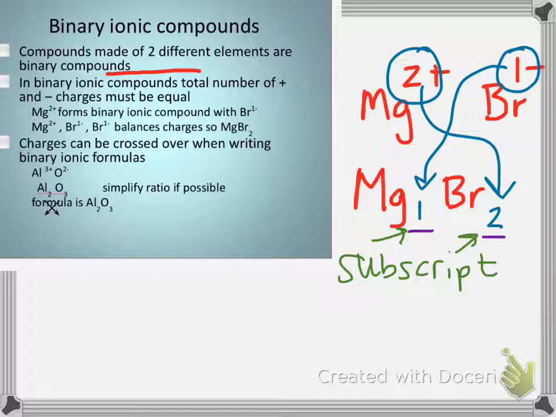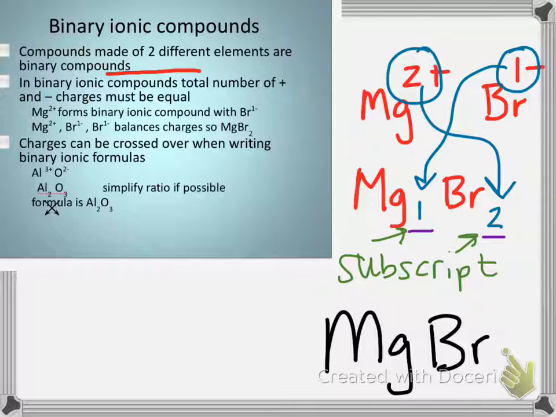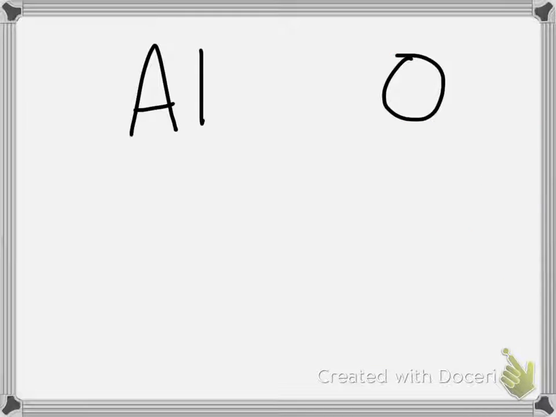They just tell you how many of those ions there are. Now, just like when we did the ABE codes for geometry, if there's only one, we don't have to write the number 1. So when we write the final version of this, we're just going to write MgBr2.